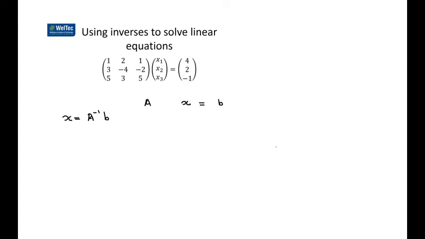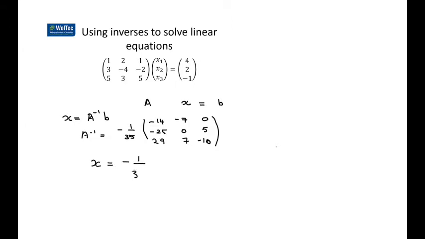Previously we found the inverse of A, like that, so that x then is the inverse times b. So negative 1 over 35 times all of that.